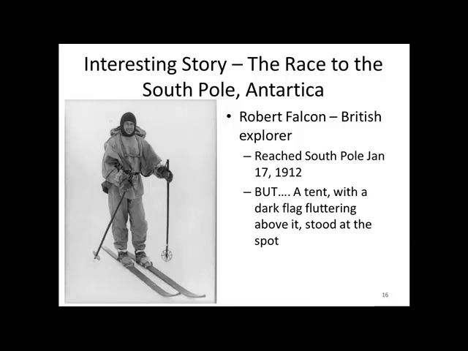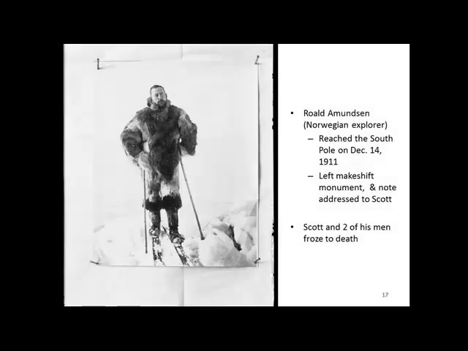So how did that get there? Well, about a month beforehand, another explorer, a Norwegian explorer, I'm not even going to try to butcher his name, had reached the South Pole on December 14, 1911, 1 month beforehand. So he left this note in this monument to Robert Falcon, saying that he made it first.